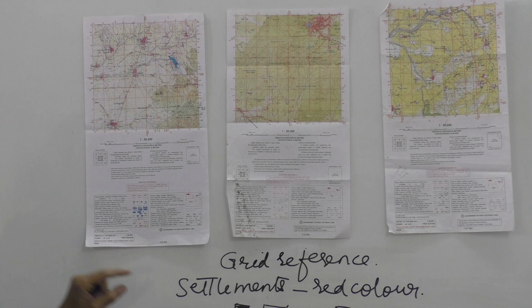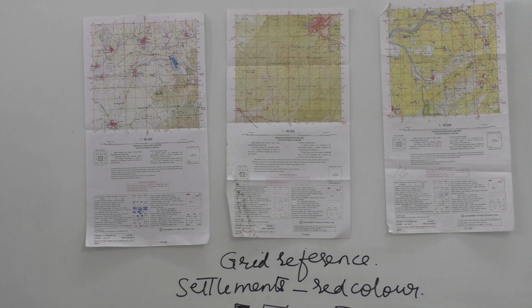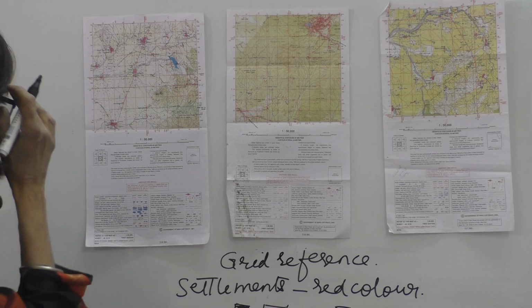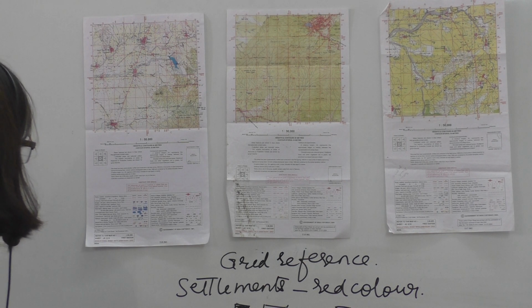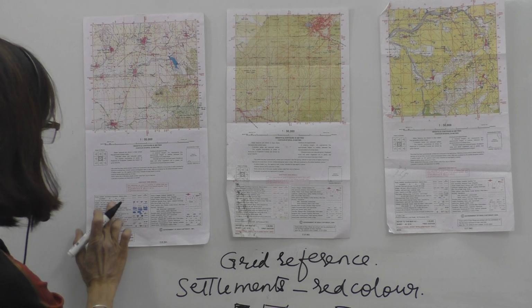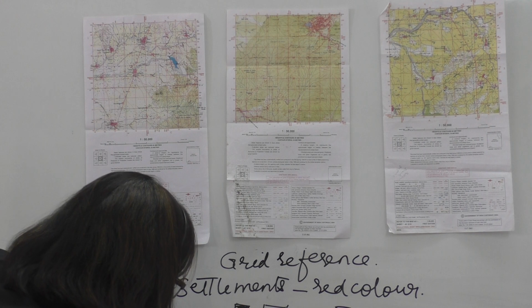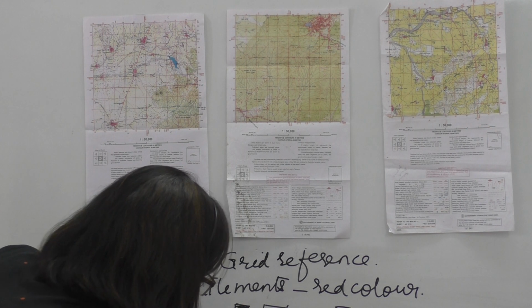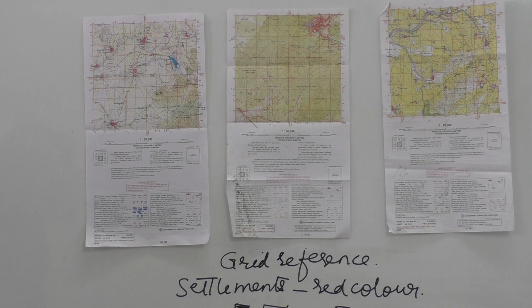So you need to know how to identify a settlement, a triangulated height or a spot height. Then they may also ask you about a post office. You'll have to identify it from the index given here. The post office is generally written as PO.